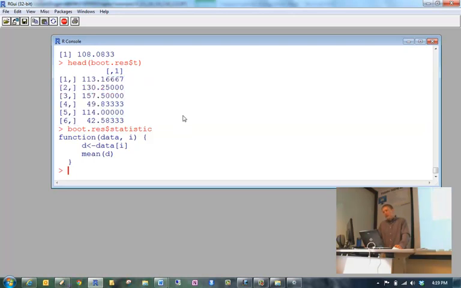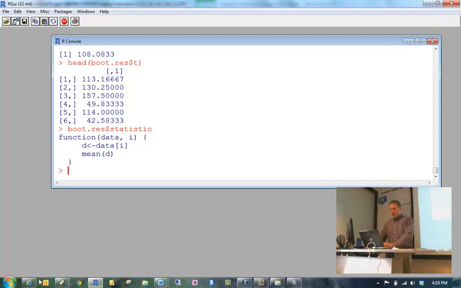Suppose you want to see what the actual first resample is. This is useful in particular cases where you have a more complicated statistic, and for some reason you get an odd result back for T star, or maybe the statistic couldn't be calculated. So you have to go back and look at your resamples.